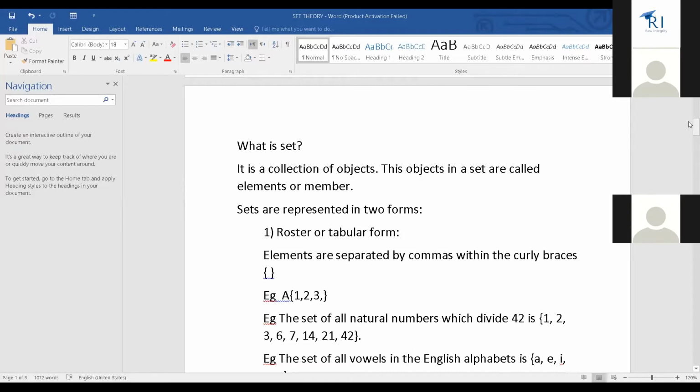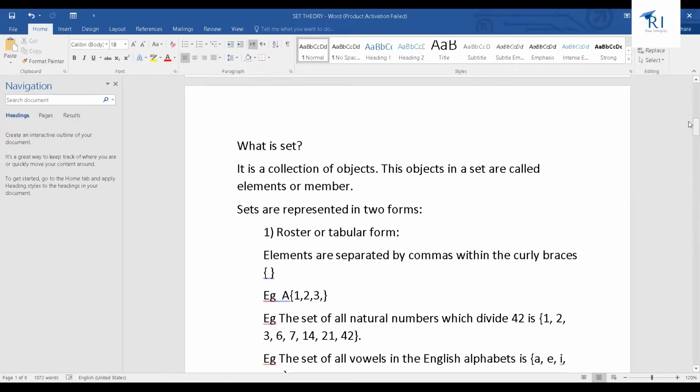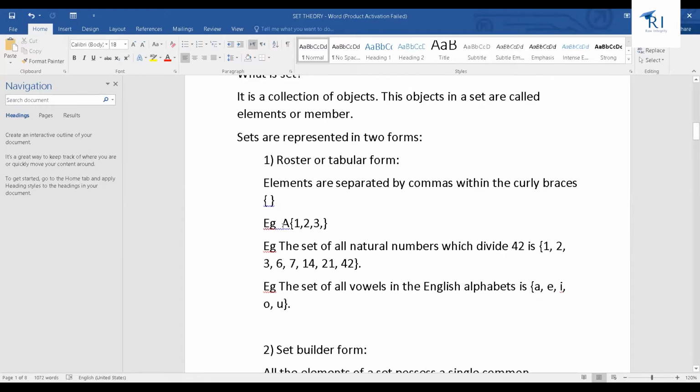In roster or tabular form, the elements are set between two curly braces, and the elements are separated by a comma, as you can see here in example A. Set A is {1, 2, 3}. They're separated by commas, and they are kept inside a brace. These are curly braces.